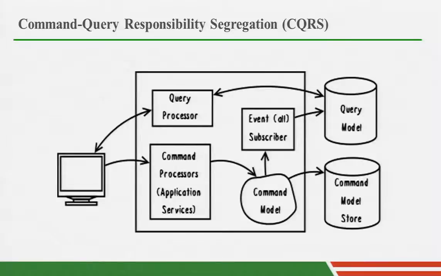So what we do is we split the command kinds of requests away from the query kinds of requests in 2 different interfaces, and we are allowed to query from a different model to satisfy the complex view, but still use a domain model only for commands.